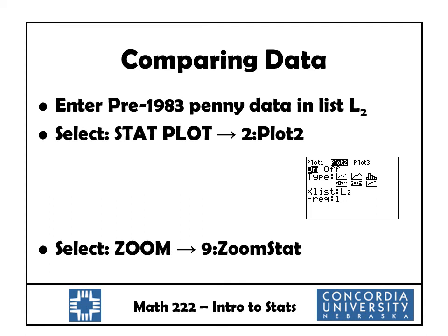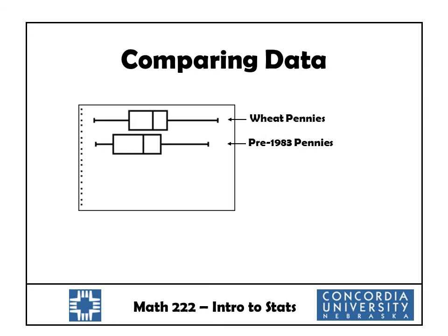So we're going to set up another plot to do another box plot, and format it so it looks like this. Make sure you enter Xlist as L2, and then select Zoom and option 9, ZoomStat, and your window should look like this. We have two box plots. The top one corresponds to our wheat penny data that we already saw. The second one corresponds to the pre-83 penny data.